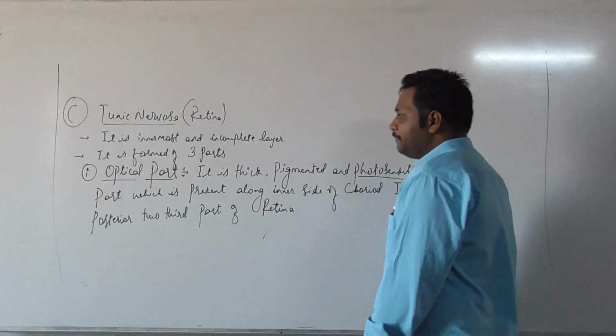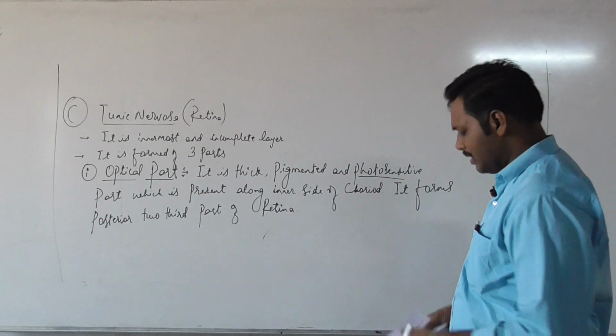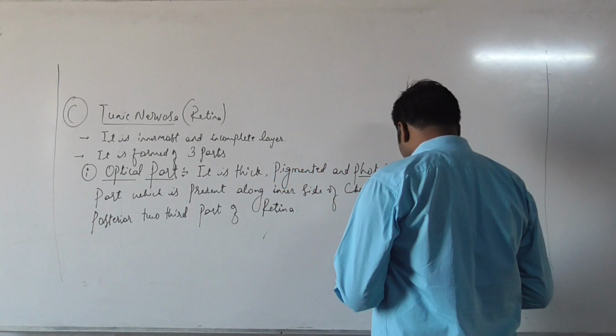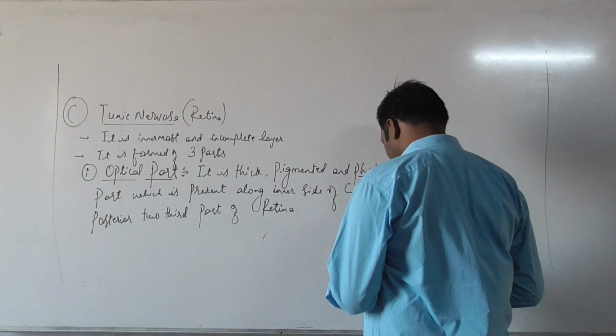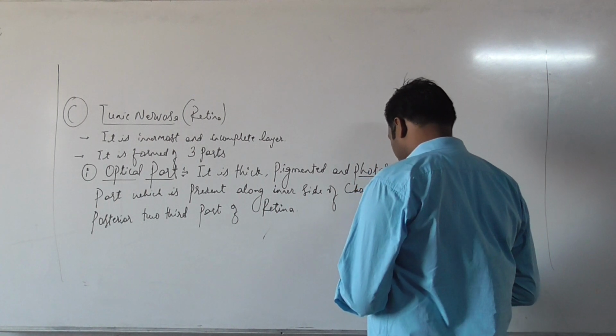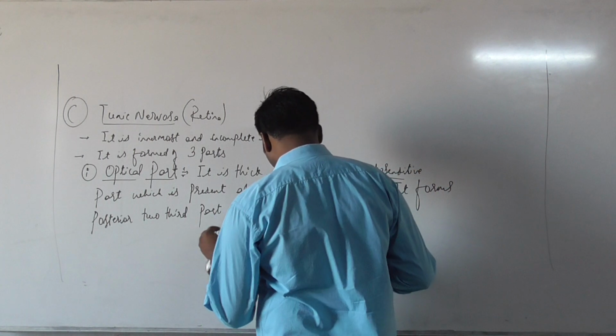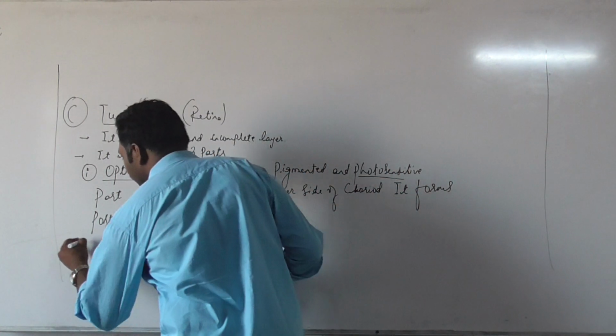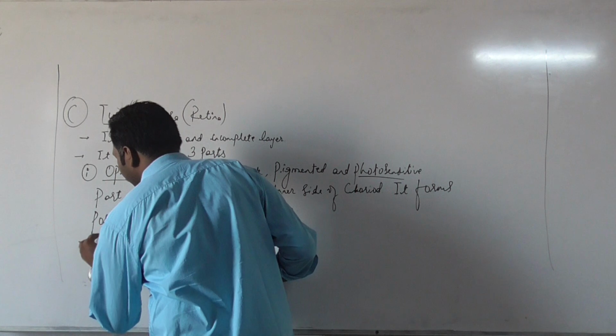So this is what we have about the optical part. Now let's see the structure of the retina. What it consists of, basically how the structure of the retina is seen. Let's give the heading: structure of retina.